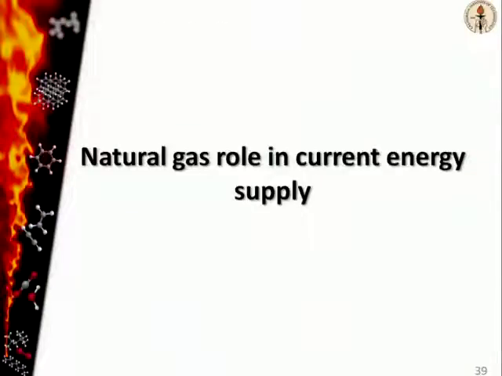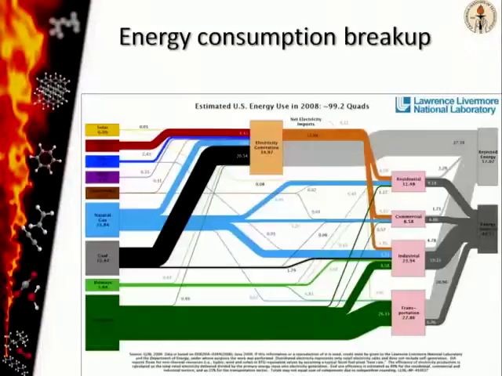So I just want to briefly discuss the role of natural gas in the current energy supply scenario. This is a figure you might have seen before, which was developed by the Lawrence Livermore National Lab to show the estimated energy use in 2008.